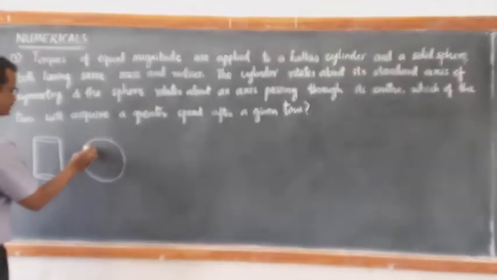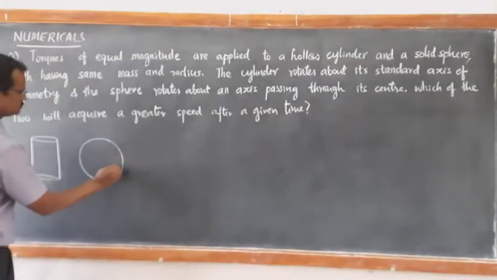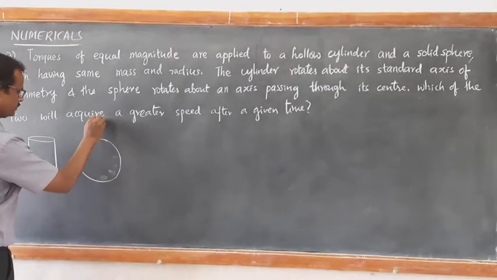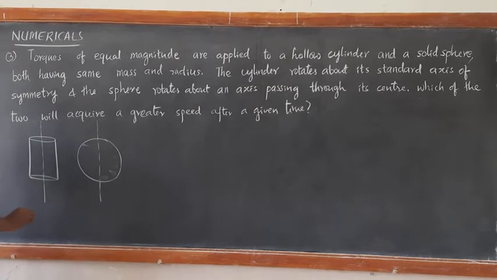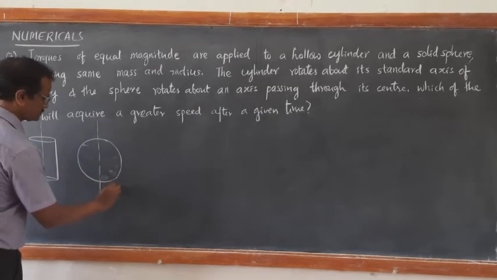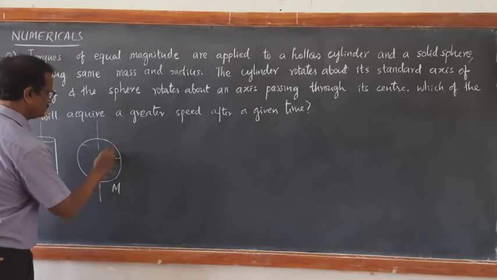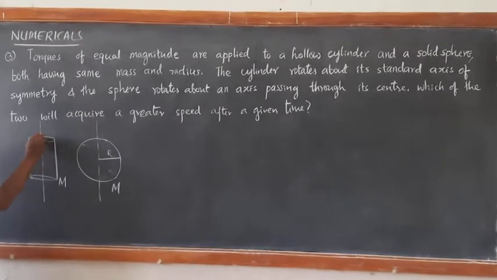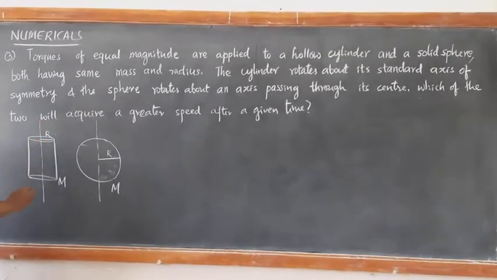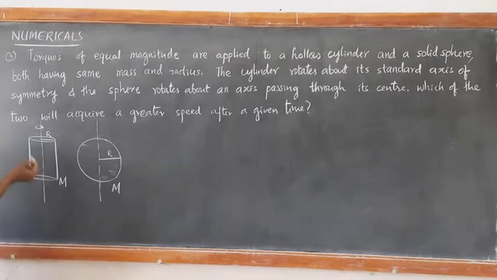Both are capable of rotating about their standard axis. The sphere is of mass m and radius r, and the hollow cylinder is also of mass m and the same radius r.